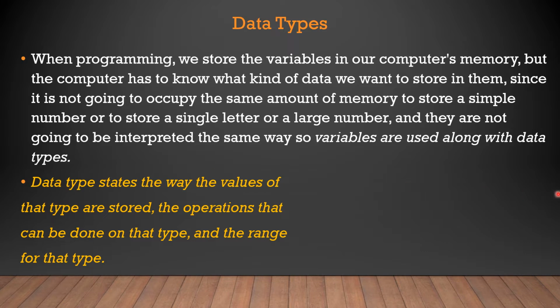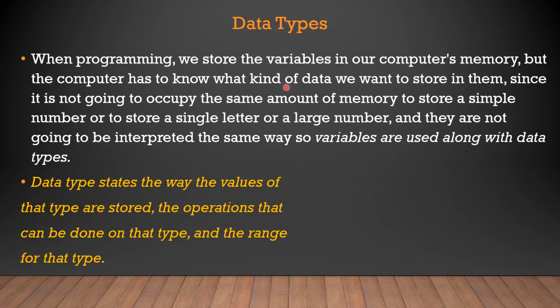Now why do we need this data type? Basically, whenever we are storing the variables, they are going to be stored in the computer's memory, and for reserving the memory for this variable, the computer must know what kind of data it is going to store. Means whichever variable is there, it will store some data.